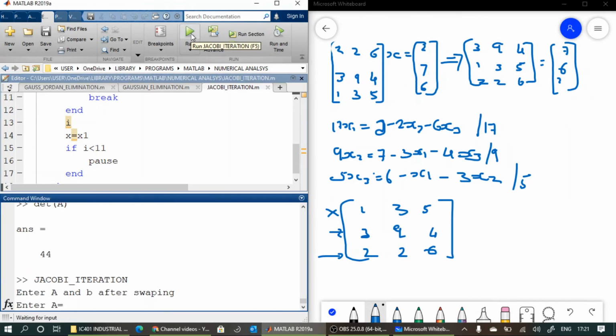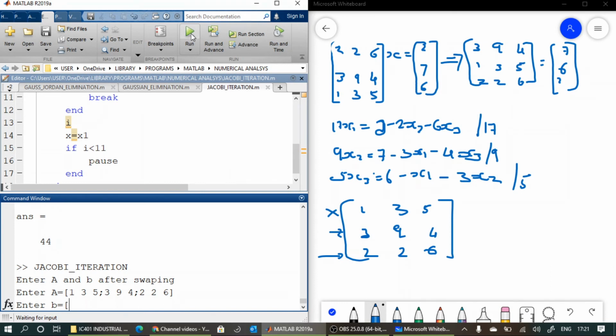A is 1, 3, 5, then 3, 9, 4, then 2, 2, 6. Now what about the corresponding b? For 1, 3, 5 it is 6, for 3, 9, 4 it is 7, and for 2, 2, 6 it is 2.